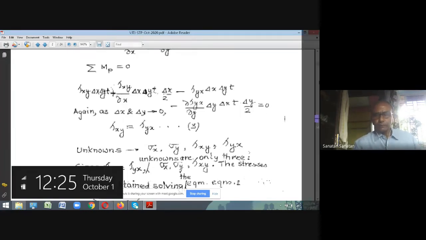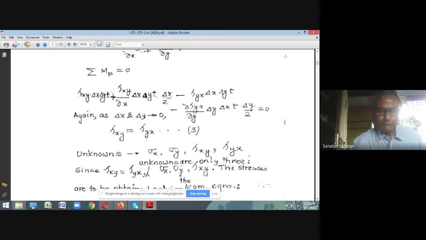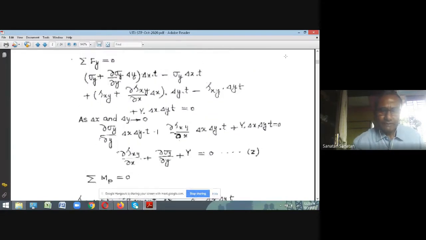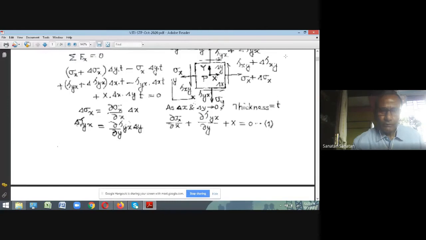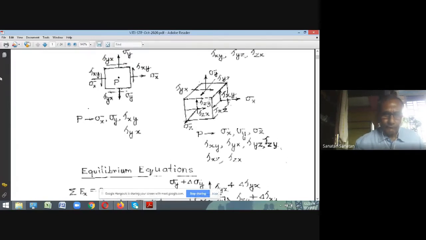When you are talking about the shear stresses, you have a quite typically very interesting point that for an element, when you think of a small element enclosing the point P, then the stresses acting at a point are going to be sigma x, sigma y, and tau xy and tau yx.